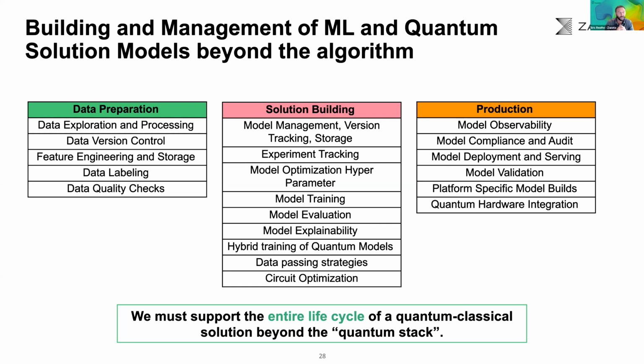So as you can see here, we've got a list of things that are all involved in enterprise machine learning, and these will be the same issues that we need to worry about when we're deploying quantum solutions as well. So we need to be able to support the entire life cycle of a quantum classical solution beyond developing the algorithm. Next, please.